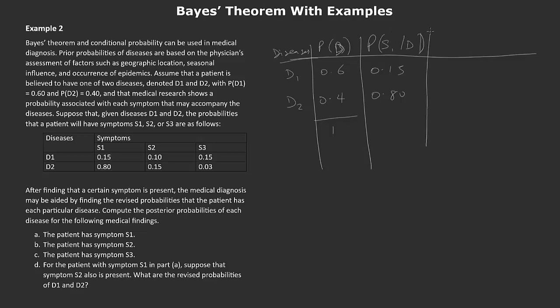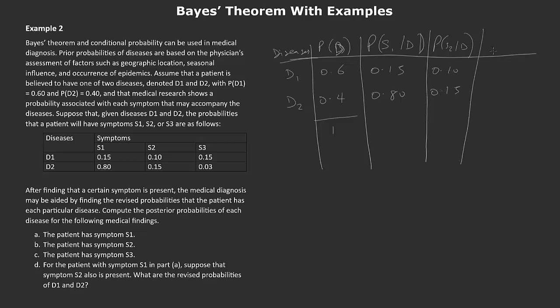But this is just for the first symptom. For the second symptom, S2, what's the conditional probability of observing symptom 2, given a particular disease has taken place? For this one, it is 0.10 and 0.15.